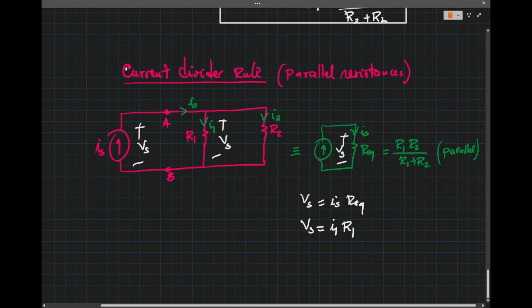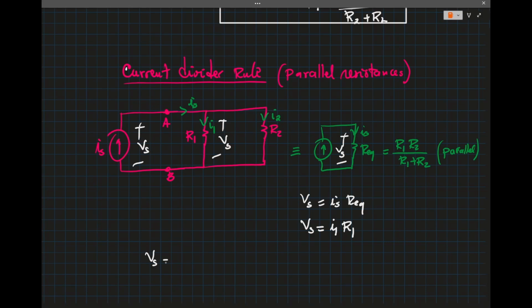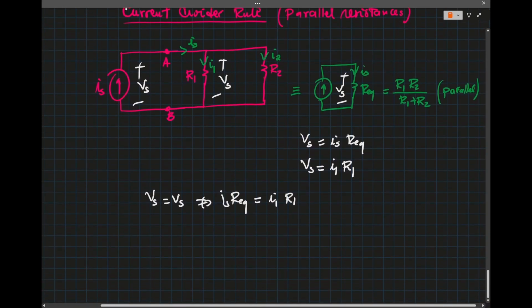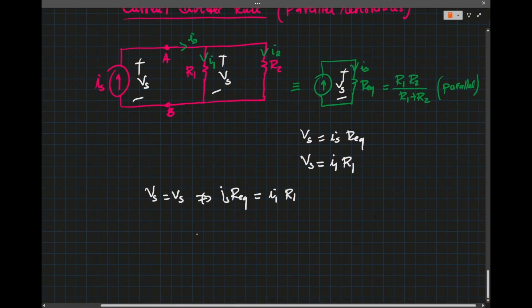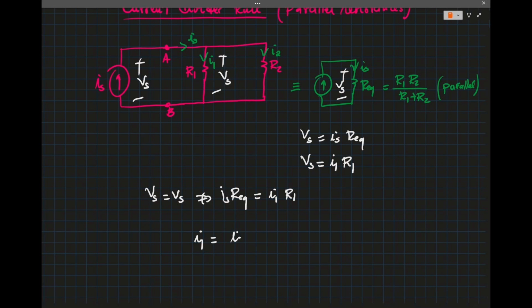Okay, so when we equate them, Vs equal to Vs, this implies that Is R equivalent equal to I1 R1. So if I wanted to find I1, it will be equal to Is times R equivalent divided by R1.